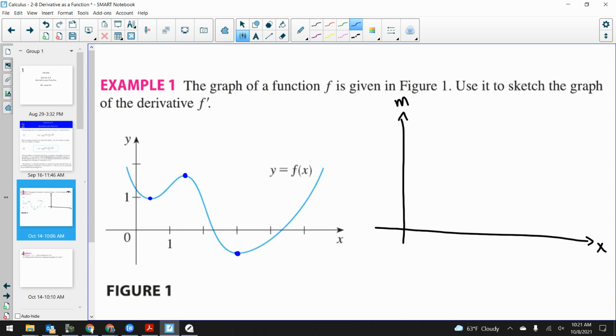If I took a pencil and I wanted to trace along the slope, and this pencil was representing the slope, what would the slope be at that point? 0.